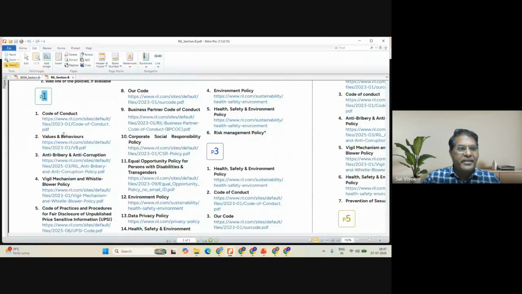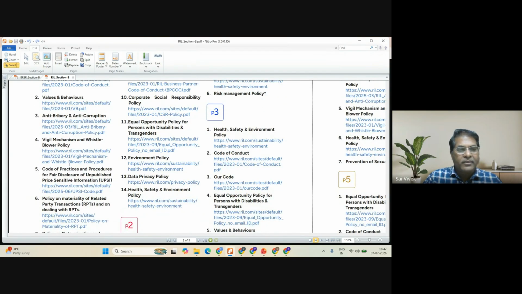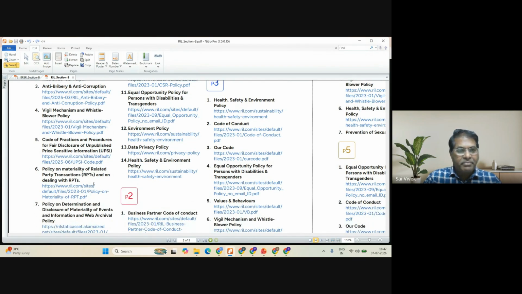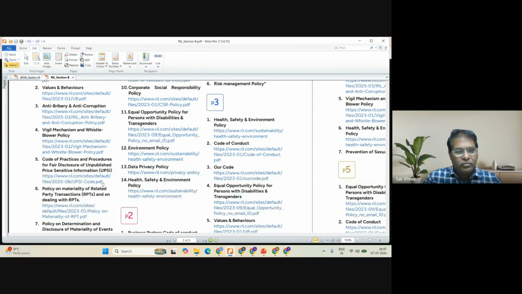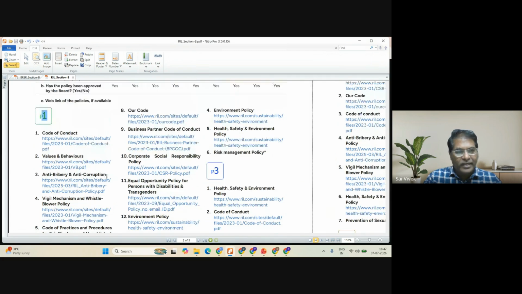So for P1, it is code of conduct, values and behavior, anti-bribery, anti-corruption, vigil mechanism and whistleblower policy, code of practice and procedures for fair disclosure of unpublished price-sensitive information, policy on materiality of related party transactions and on dealing with RPTs, related party transactions. So all these are given here. So 12, 14 are given here for principle 1.